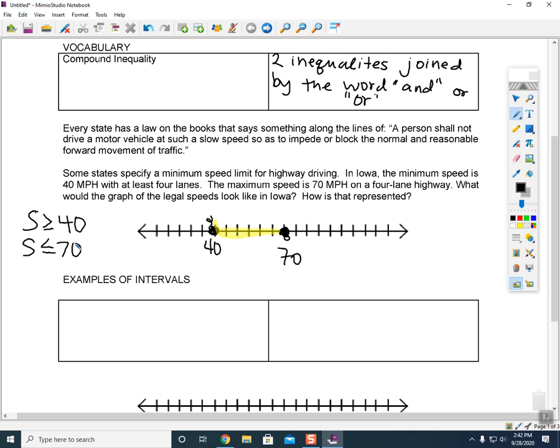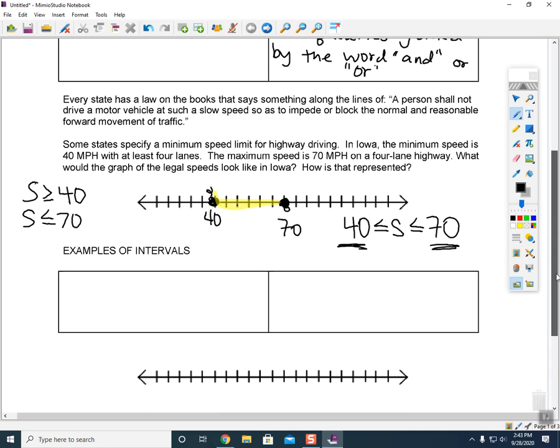So there's a better way that I can write this. I can write this as 40 is less than or equal to S, my speed, is less than or equal to 70. I've got my minimum of 40 here, my maximum of 70 over here, and I need to drive somewhere in between those two values.